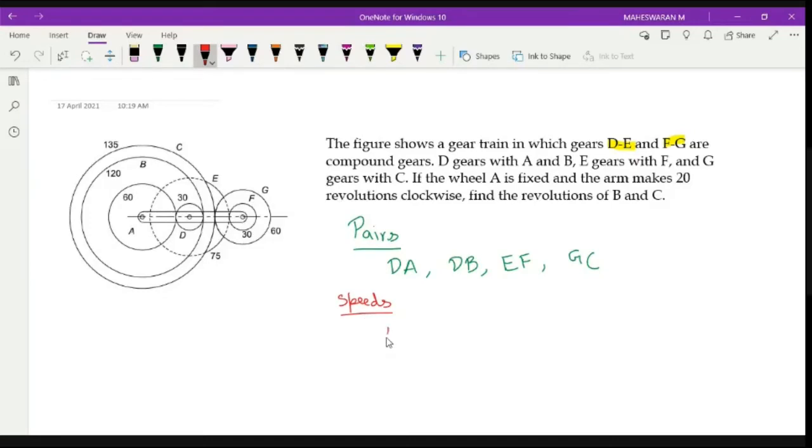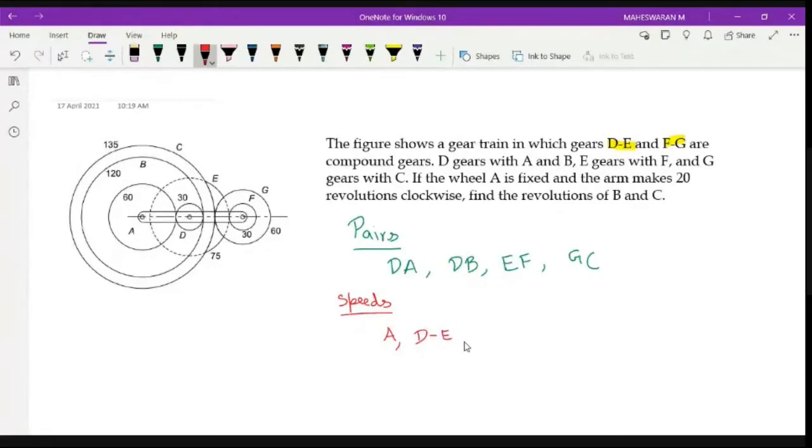A is one which is separate, because A is connected to D. D is also separate. Since we start with A, and A connects to D, but D is a compound gear with E, I can write it as D hyphen E. These two are a single speed. Both are the same speed. Whatever speed is produced by D is equal to E.